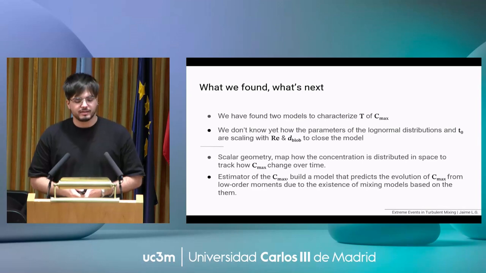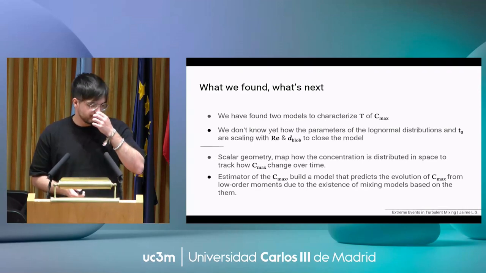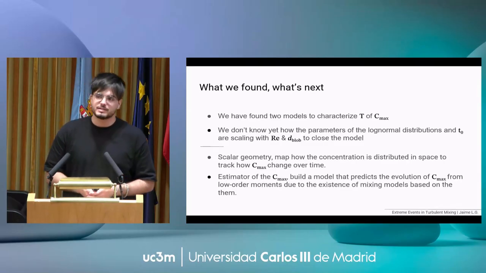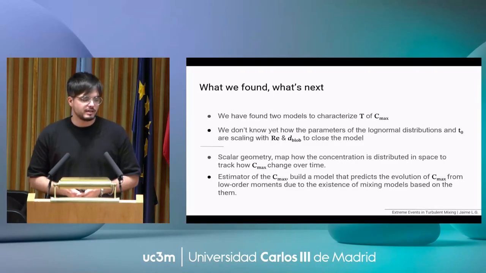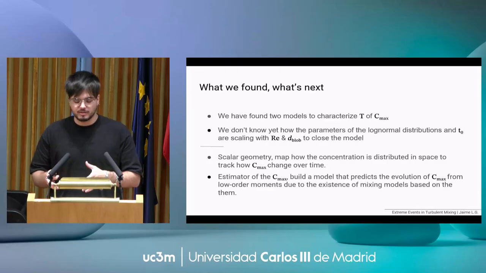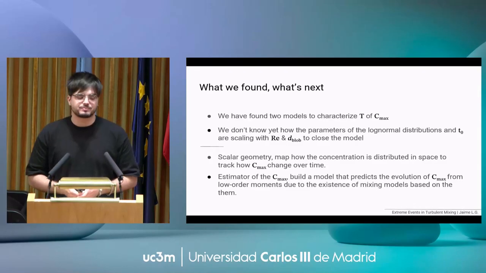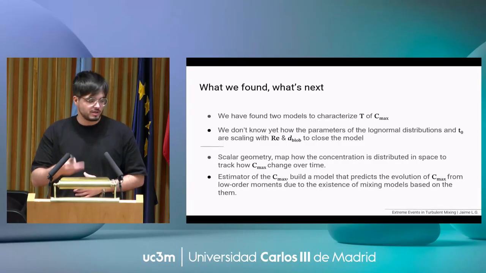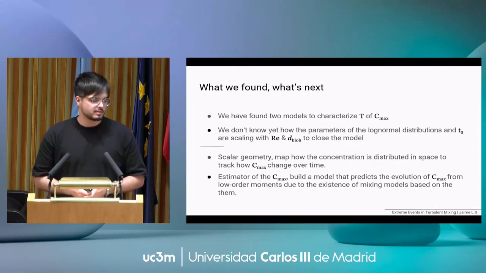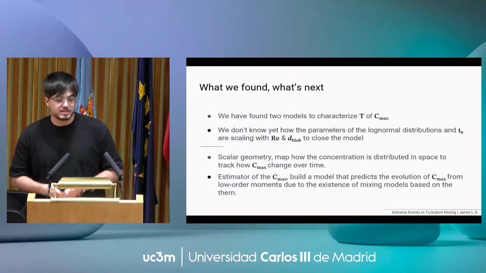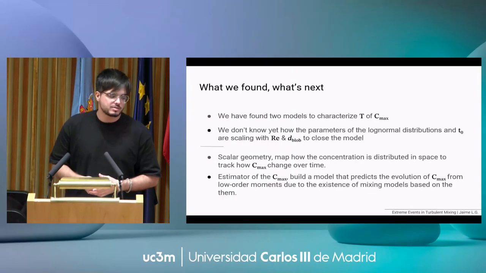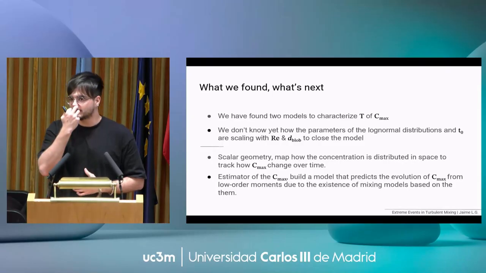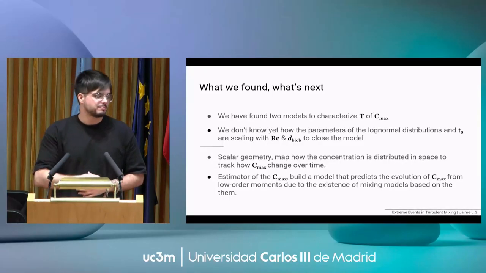And aside from that, as work in progress, we are analyzing the geometry of the scalar to characterize how the distribution of the concentration is affecting the decay of the maximum value of the concentration. And we are looking for an estimator of the maximum value based on low-order moments, due to the mixing models that are based on them.